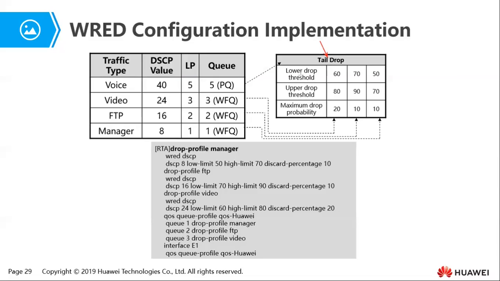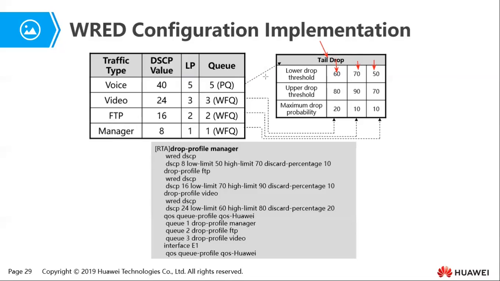So let's look at this. Here we have the video. You can see the first row here is for video. The second one here is for FTP. These are actually columns. And the last column here is for the manager.